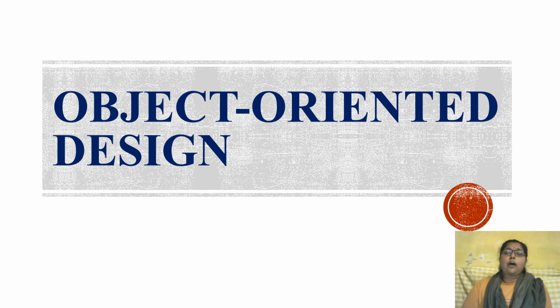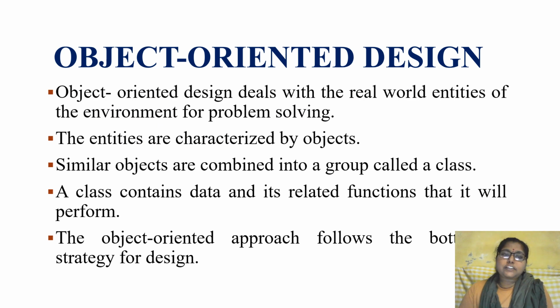Next one is object-oriented design. Object-oriented design is like the OOPS concept. It consists of classes and objects, where a group of objects is known as a class. Object-oriented design deals with the real-world entities of the environment for problem solving.